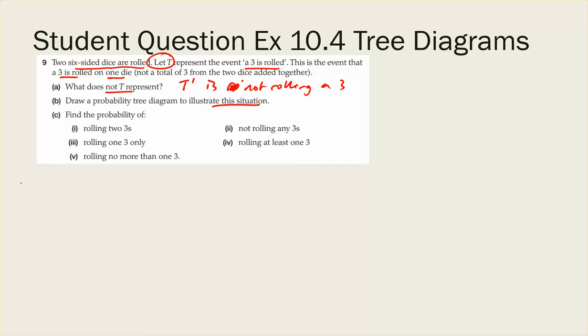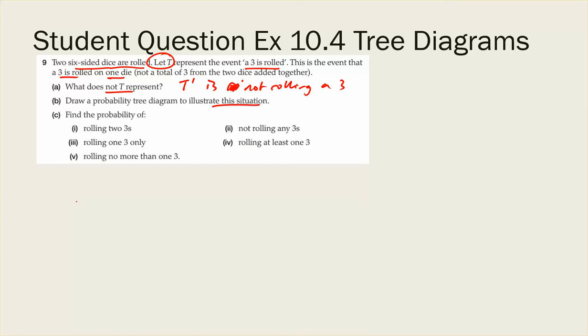Now you might be tempted to draw a really big tree diagram and go 1, 2, 3, 4, 5, 6 for the first roll, and then 1 to 6 on each of the branches. That's not the way to draw a tree diagram here, because it's defined an event for us, that T represents a 3 is rolled.